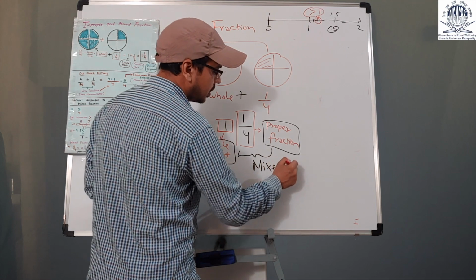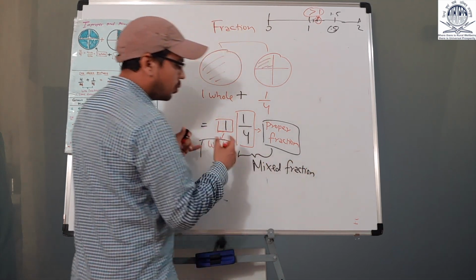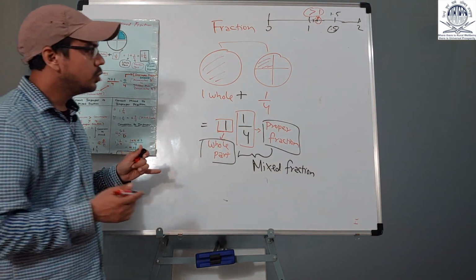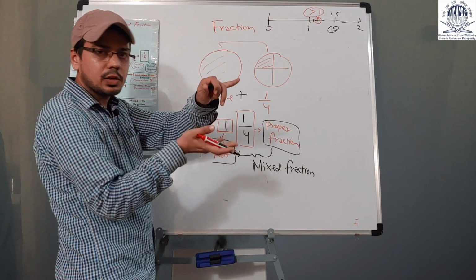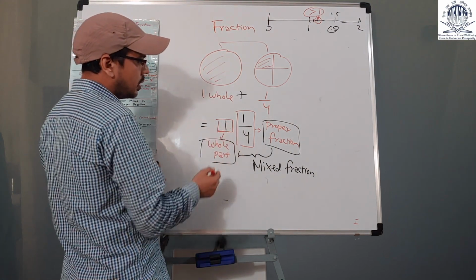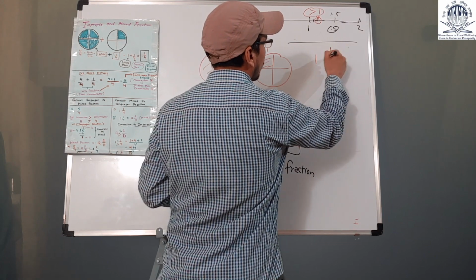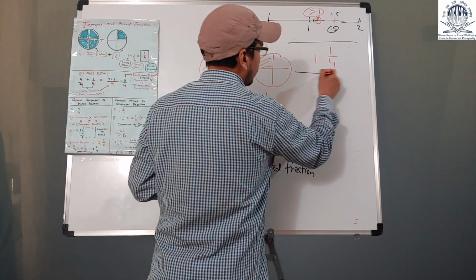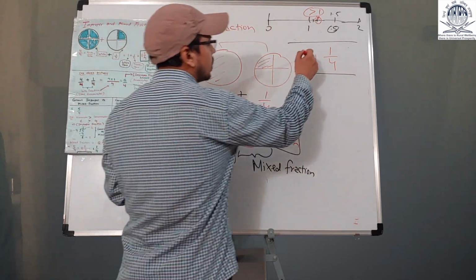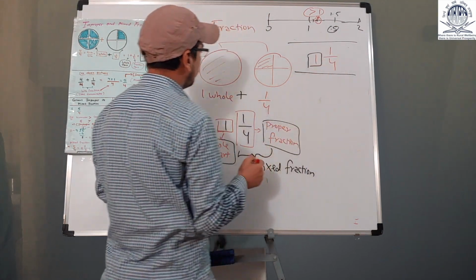a mixed fraction. Now, what happens when we try to convert this mixed fraction into a form that has a numerator and a denominator? There is a way that I'll write this mixed fraction over here, which is 1 and 1 by 4, and let's try to understand how I can write 1 in terms of 1 by 4.